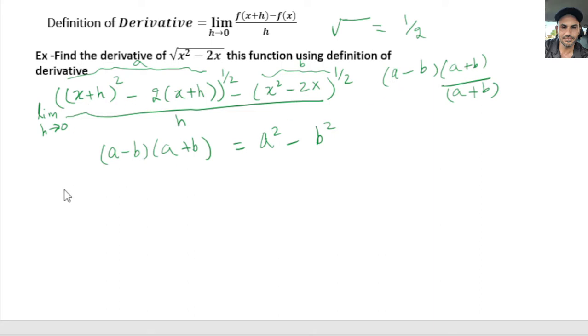So this is a minus b. So we have x plus h squared minus 2 times x plus h, to the 1/2. Everything is raised to 1/2. I'm sorry, this thing right here. So I'm going to put another set of parentheses, minus we have x squared minus 2x raised to 1/2.